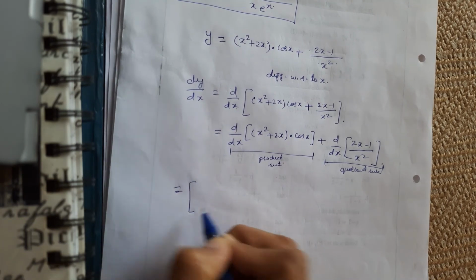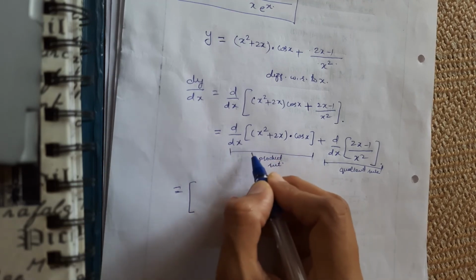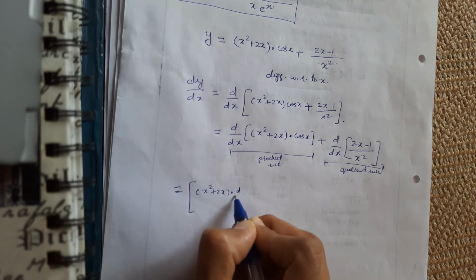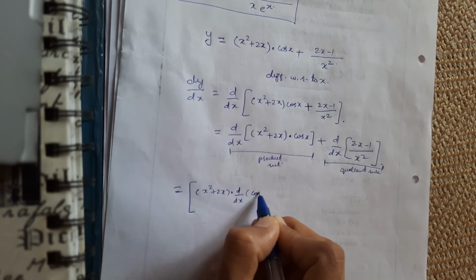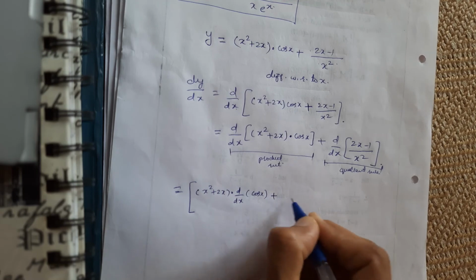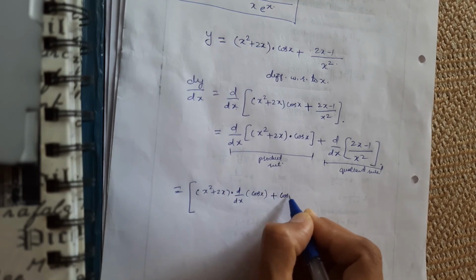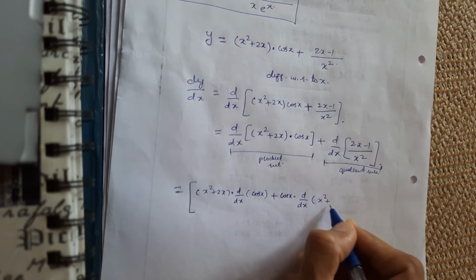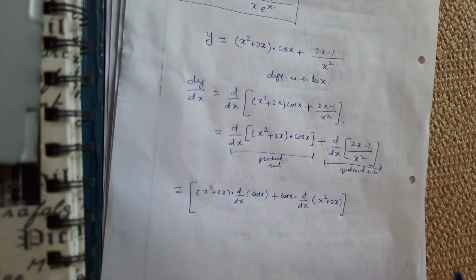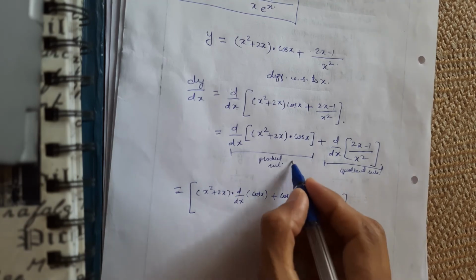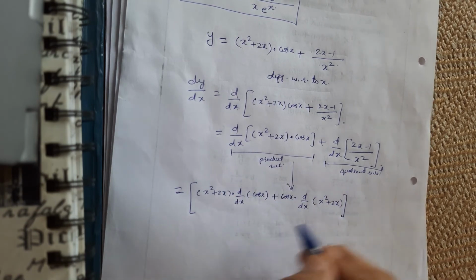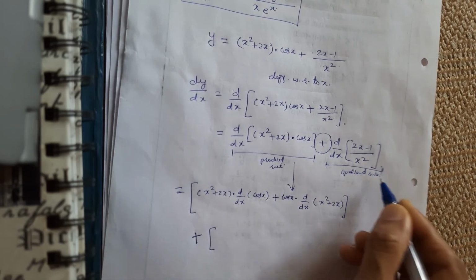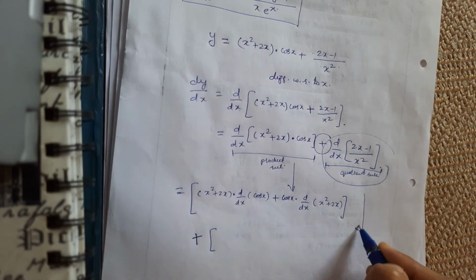In the first bracket I am applying the product rule: first function into derivative of second, plus second function into derivative of first. This is my first bracket that I solve. This plus sign stays as it is, and now I am writing the quotient rule in the second bracket.